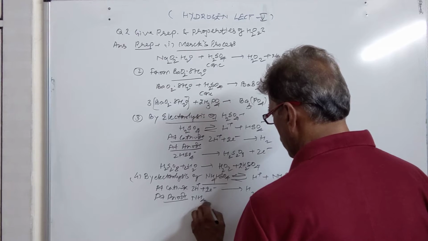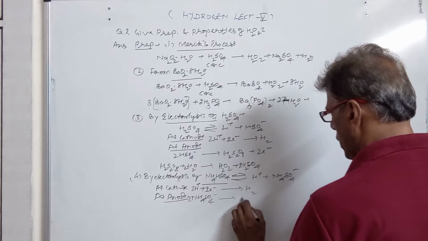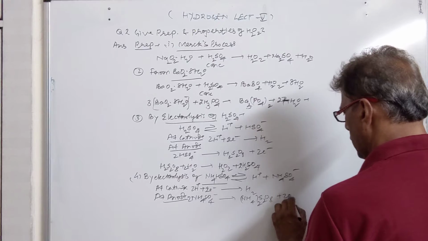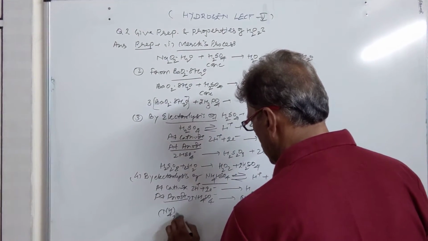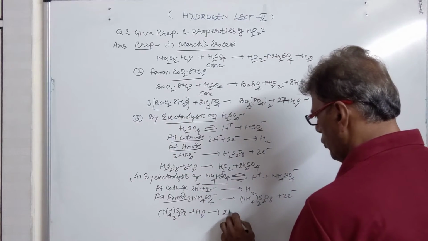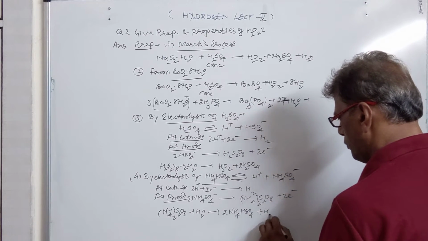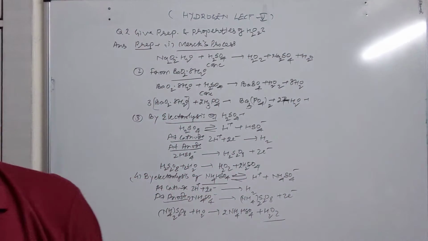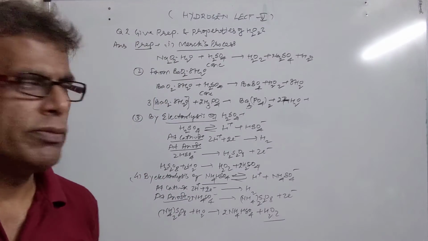We get 2 NH4SO4, then it will combine to give you (NH4)2S2O8 plus 2 electrons. This will now combine with water to give you 2 ammonium bisulfate plus H2O2. So this is the way ammonium bisulfate can produce hydrogen peroxide. This was our fourth method.